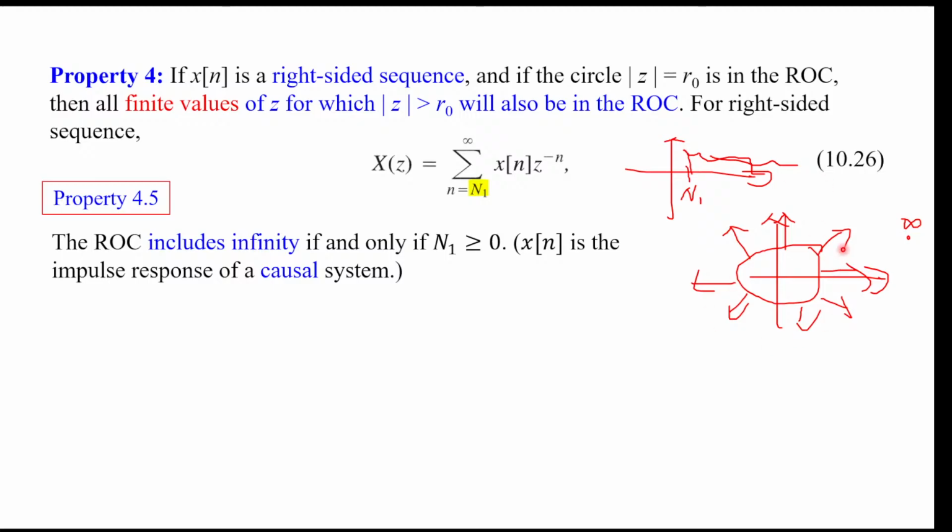Then intuitively the ROC should expand to infinity. And to describe that in mathematics, it says that if some radius R0 is in ROC, then everything bigger than R0 is also inside ROC.